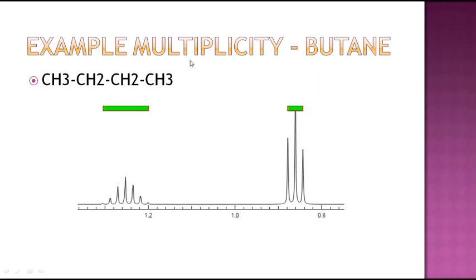The multiplicity is equal to the number of neighboring protons plus one. If CH3 is giving a signal, its neighbor is CH2, which has 2 protons, and according to the formula 2 plus 1, it will split into 3. It is called a triplet.